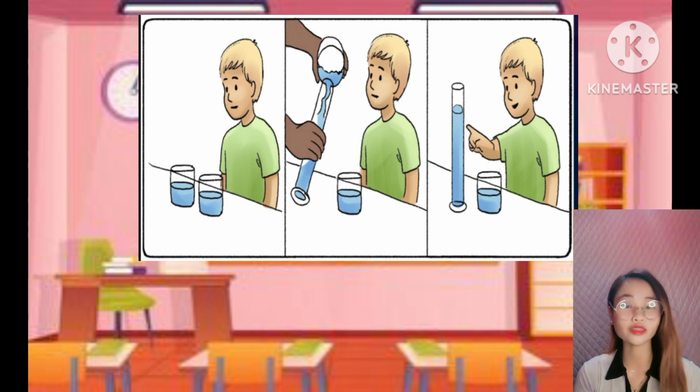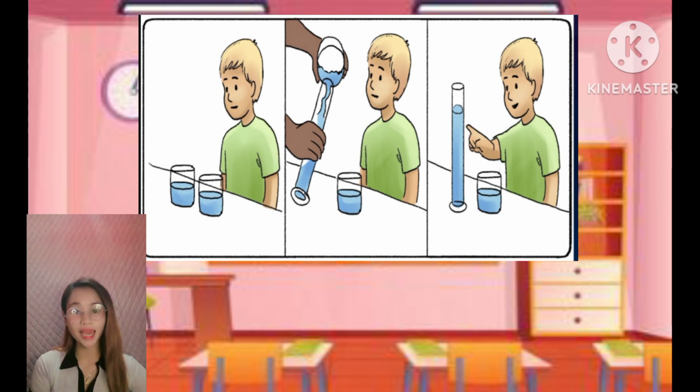The child tends to believe that the taller container contains more water than the smaller container, even though there is no evidence of that. We can see that the child's logical thinking is limited in physical reality.